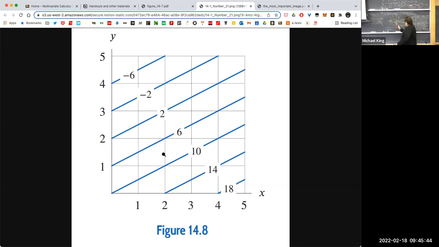If I zoom way in, I would have a bunch of parallel contours. If I zoom in far enough, it would look like just a bunch of straight lines. I mean, this box should be even tinier, really.